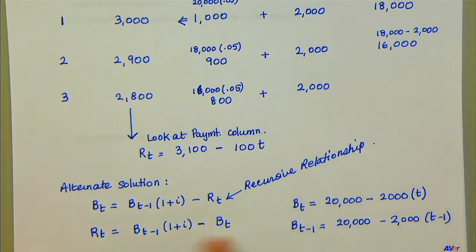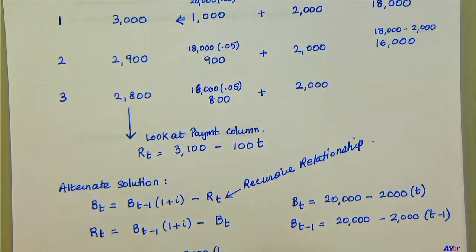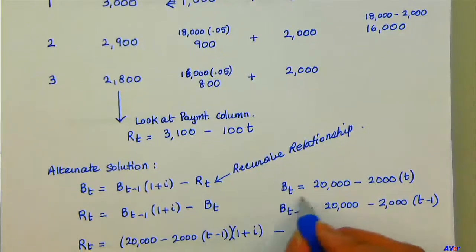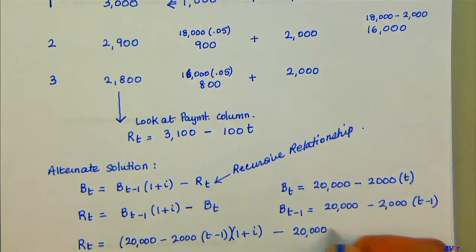So I'm going to put those in here. So R of t is equal to, plug in now, 20,000 minus 2,000 times t minus 1, times 1 plus i, minus B of t, 20,000 minus 2,000 t.